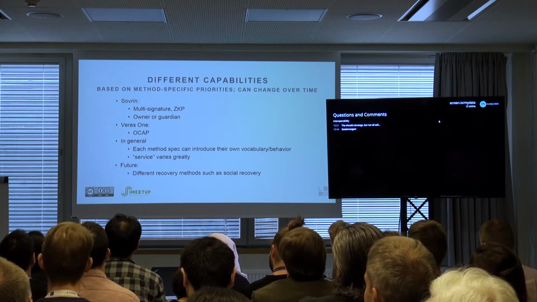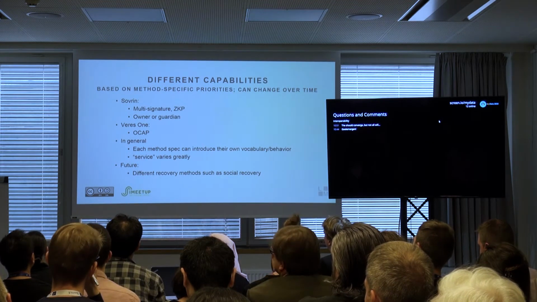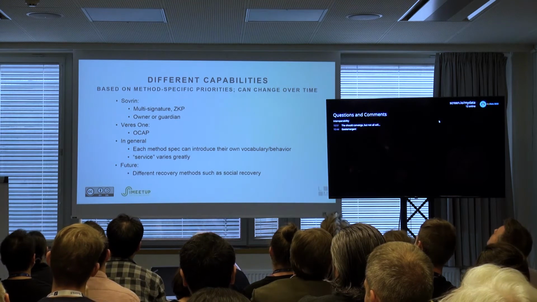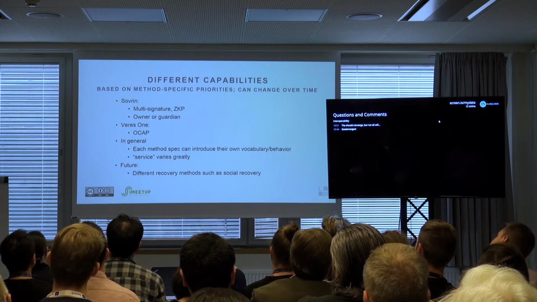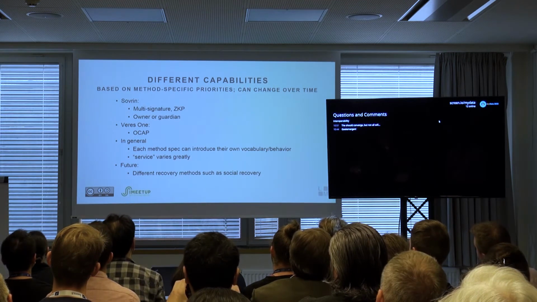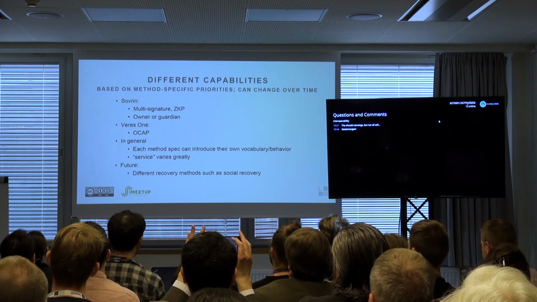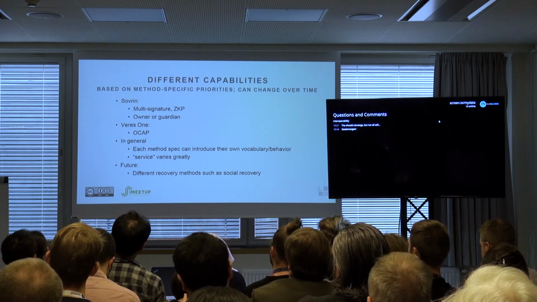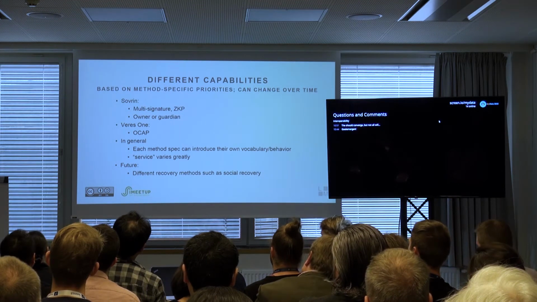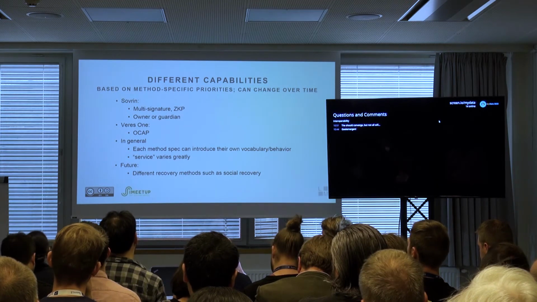So the other thing is that depending on the priorities of the method, there can be different capabilities. Sovereign's been really great about innovating in advanced signature schemes and zero-knowledge proofs. They also have this guardian model, so when you get to a point that you can control your identity, it can transition to an owner model.